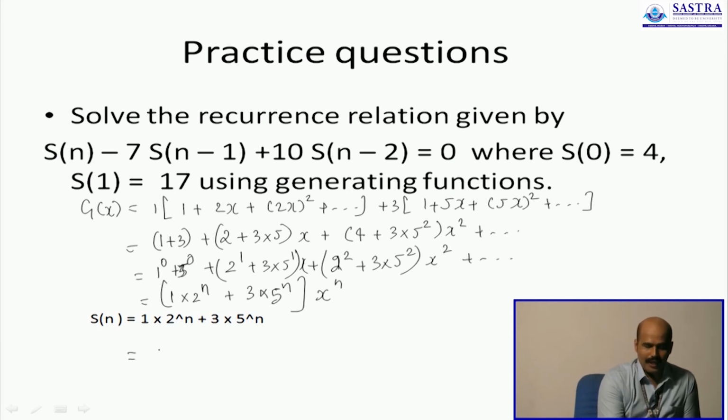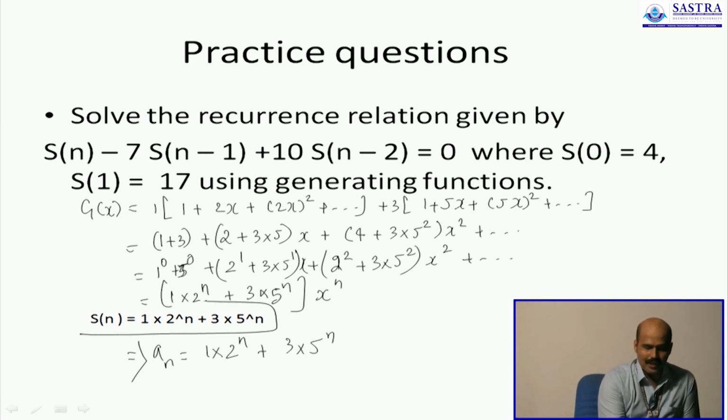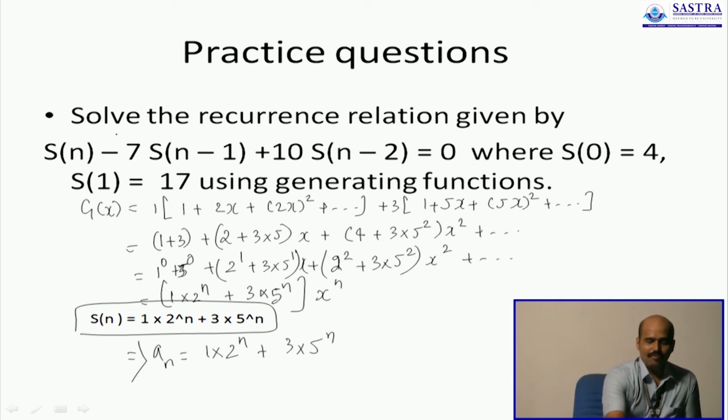So your a n is simply 1 times 2 power n plus 3 times 5 power n, or in fact the nth term of the sequence can just be obtained as s of n is 1 times 2 power n plus 3 times 5 power n, and that solves the given recurrence relation. You can always verify this from the question. S of 2 is going to be 7 times s of 1 minus 10 times s of 0.